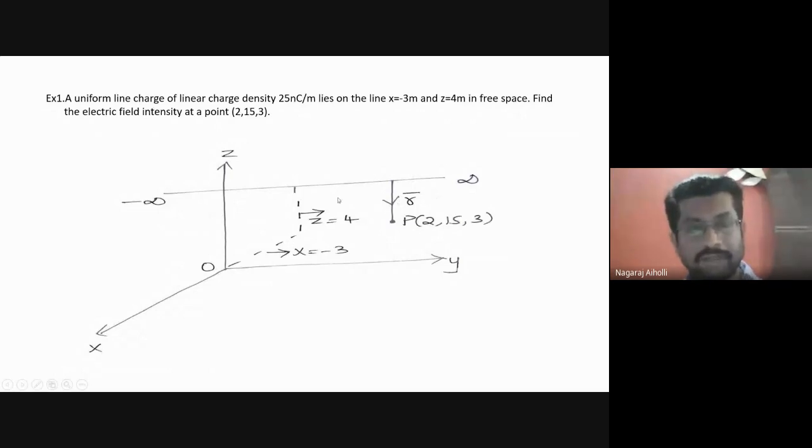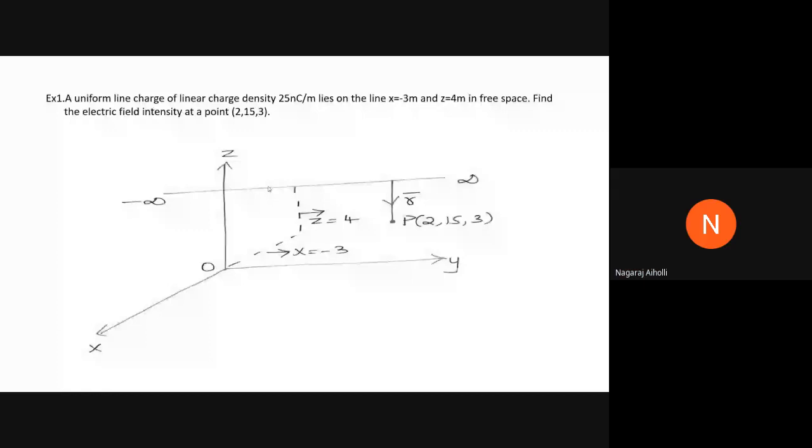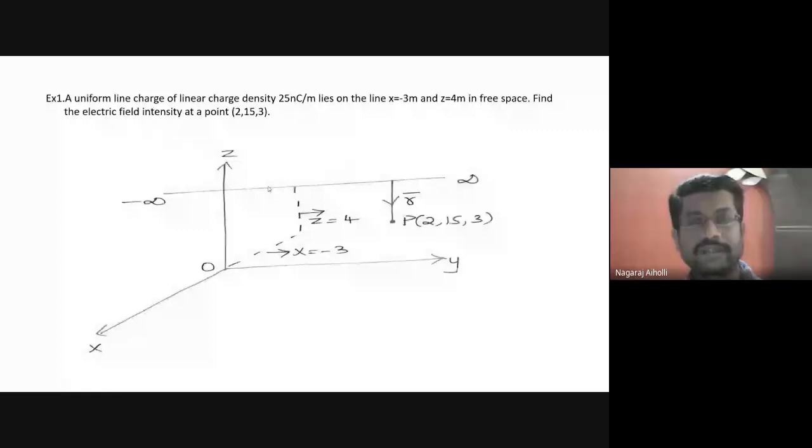Whatever is the intensity at the point P due to any point on the positive y axis and any point from the negative side, that will get cancelled out each other. It is the same point that we discussed in the derivation of the electric field intensity due to the infinite line charge. There we considered the z axis, the perpendicular axis.